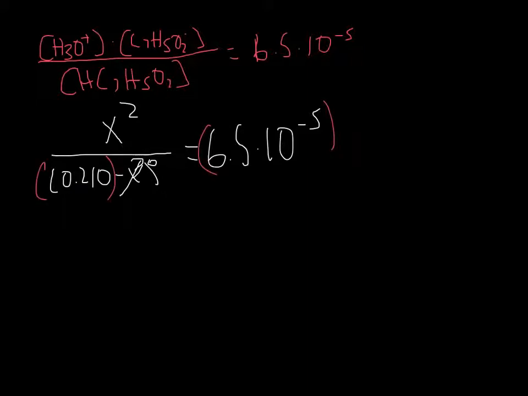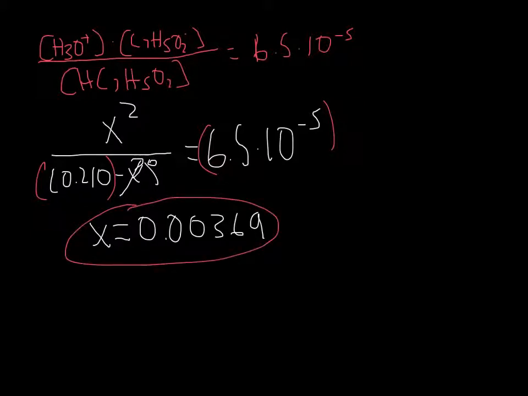So then you take the square root. So x will eventually equal 0.00369. So this is what we get as x. This is what was ionized in the reaction, this value right here. And the problem asks us to find the percent ionized.